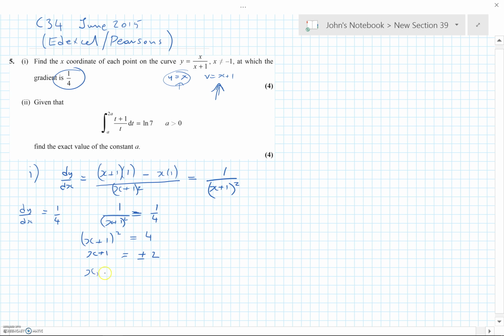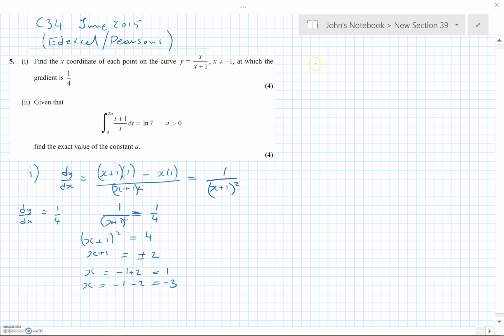So x equals minus 1 plus 2, which is 1, or x equals minus 1 minus 2, which is minus 3. Okay, and that's it for the first part of the question.